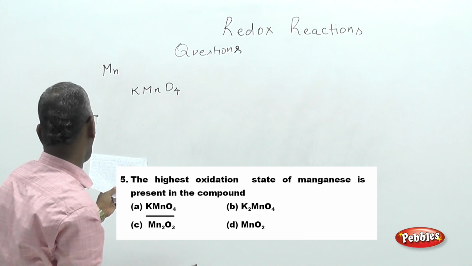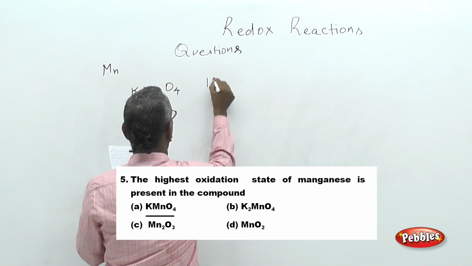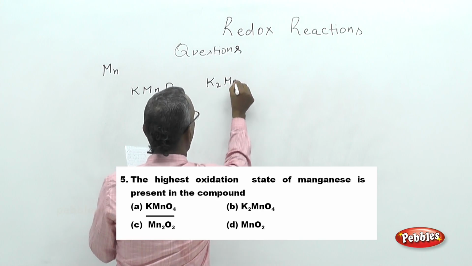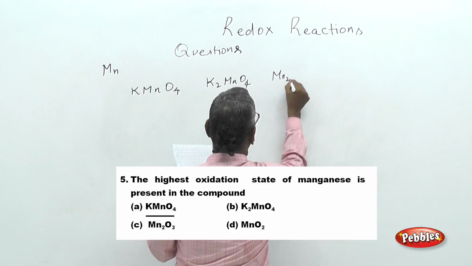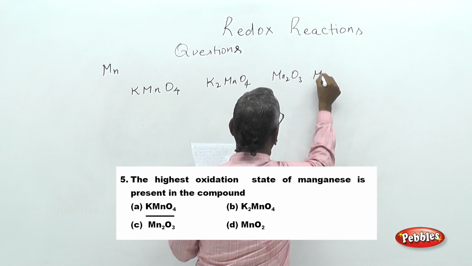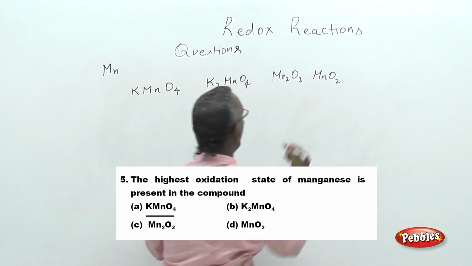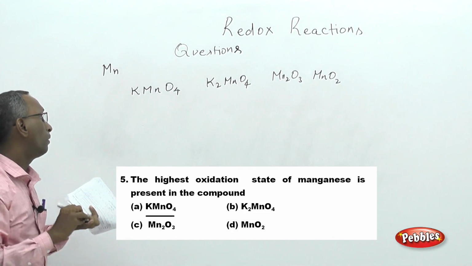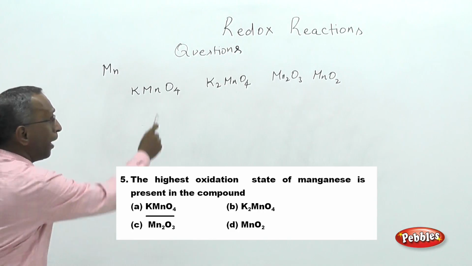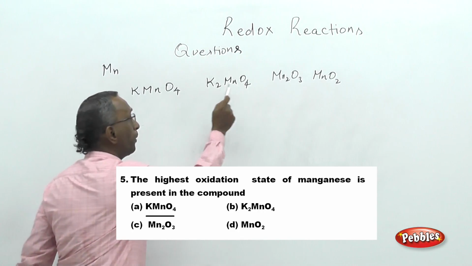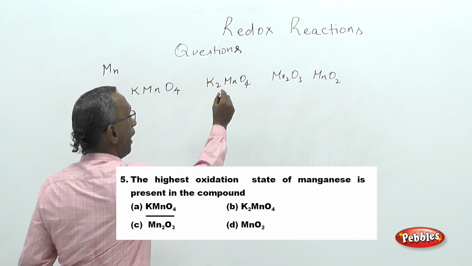The choices are K2MnO4, KMnO4, Mn2O3 and MnO2. These are compounds of manganese. KMnO4 is called potassium permanganate. K2MnO4 is called potassium manganate.